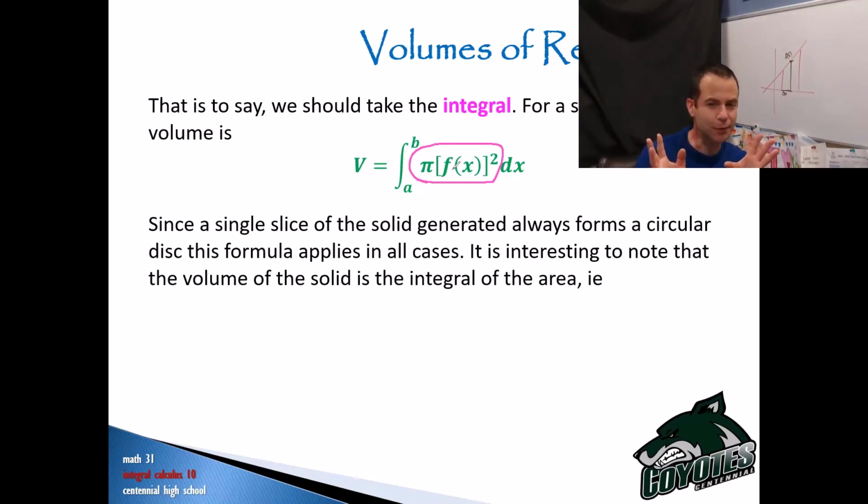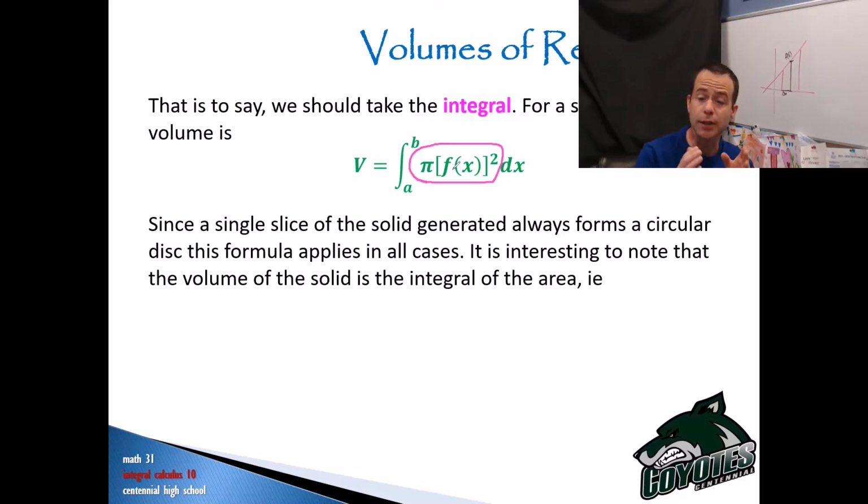Just think this through for a second, because I want to have a little bit of time for some things to click in your head. It should make sense that if I integrate the area, I get the volume, because if I integrate something that's degree 2, I should end up with a degree 3 item, right? So it's the integration of the area that gives us the volume.